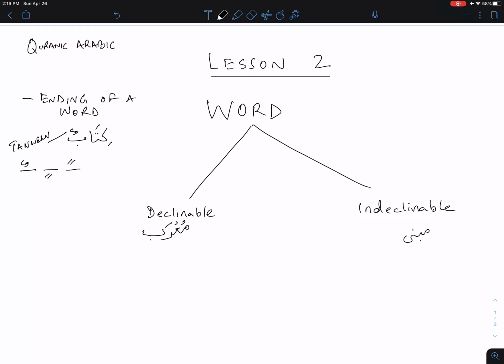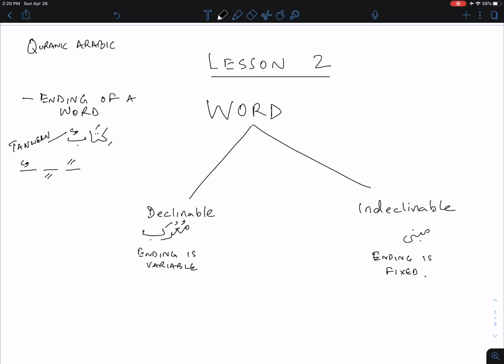But you don't have to worry about that at the moment. You can just remember declinable, where the ending is variable, and here the ending is fixed. That is something that inshallah you need to understand.